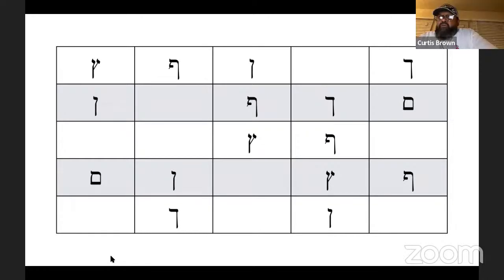Yeah, the 4th one, you're missing the Chaf, correct? Correct. The fifth one, we're missing Sadi, Mem. The last one we're missing Sadi, Mem, and Fe. Correct. Yes.